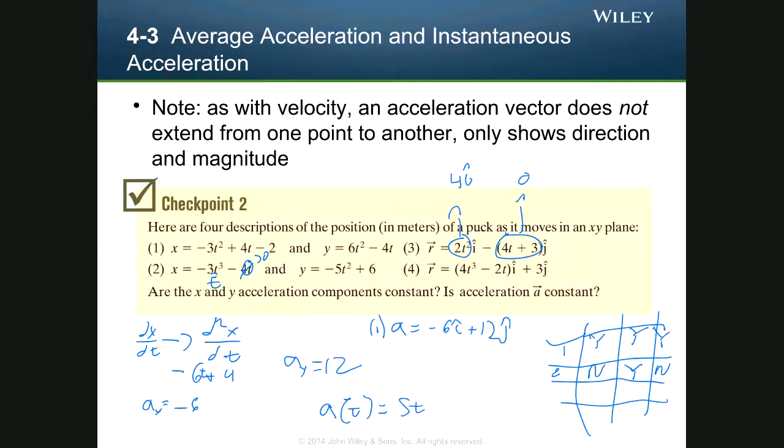So a, for this particular problem, for 3, is just going to equal 4 i-hat. Basically, it only has acceleration in the x direction. So for 3, I'm going to say yes, yes, and yes. 0 is a constant. If you're at 0, you're not changing. Okay. So does everyone see why 3 will be yes, yes, yes? Good.